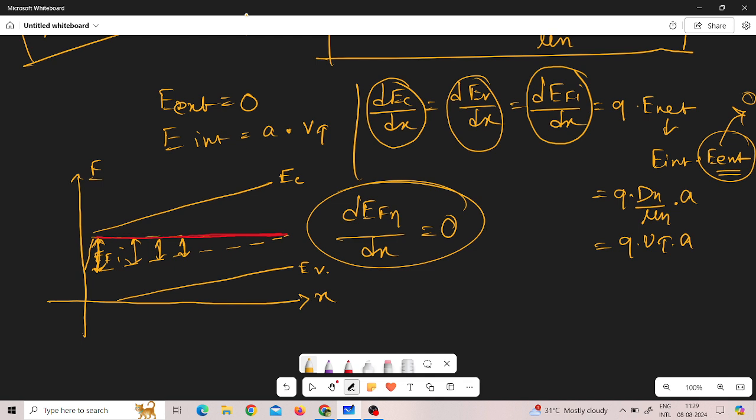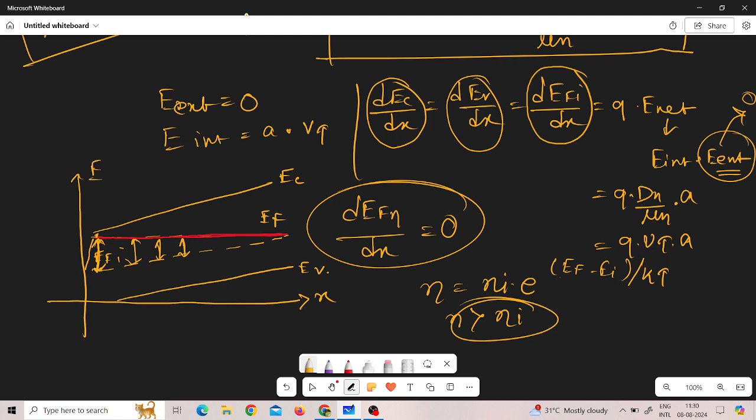We know an equation for an n-type semiconductor. n is equal to ni e to the power (Ef minus Ei) by kT. This is our Ef. So here we can see at the initial position Ef is greater than Ei, so n is greater than ni.